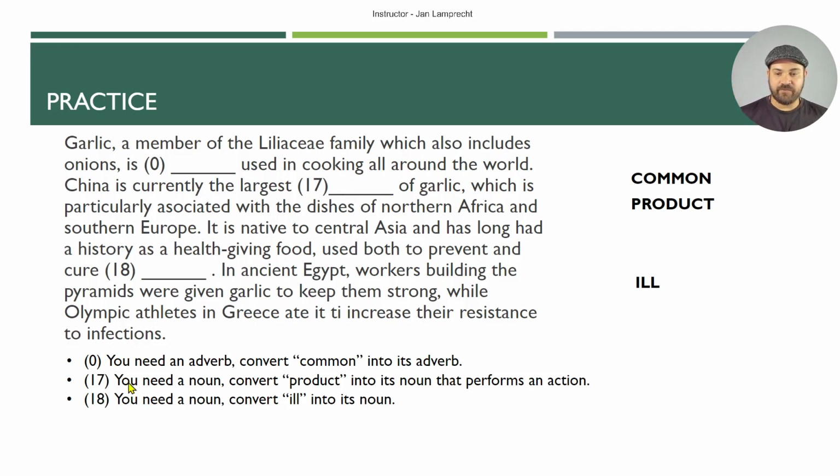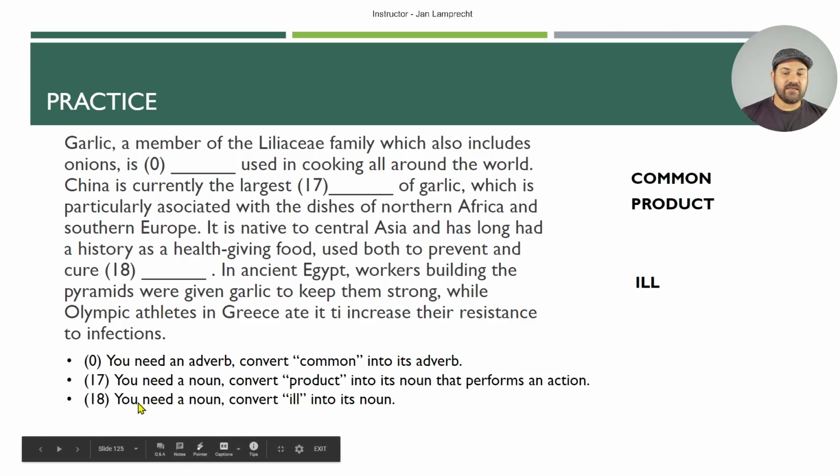You need to convert product into its noun, but it has to perform an action. So now what do we add to a noun that performs an action? If you go back to all the lists that we saw before, you will know what it is. What do you think it is? Give you a second to think about that.